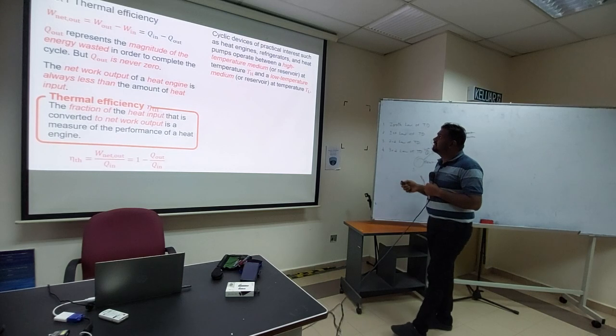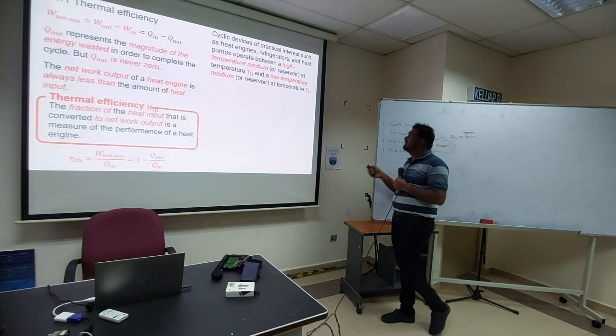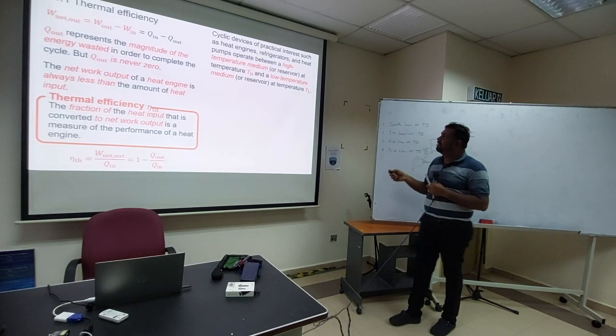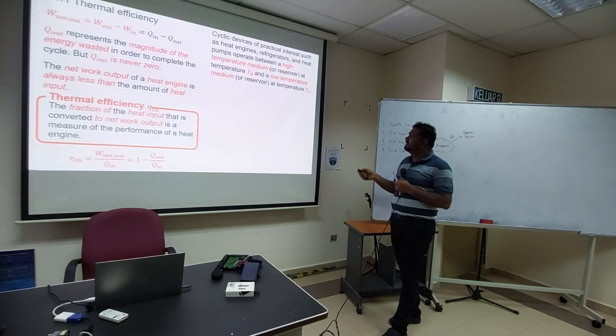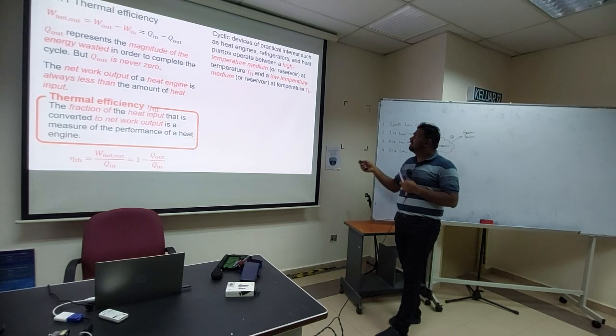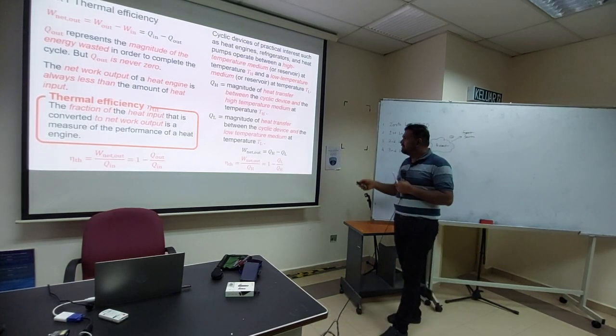Cyclic devices of practical interest, such as heat engines, refrigerators and heat pumps, operate between a high-temperature medium, a reservoir at temperature TH, the high temperature, and a low-temperature medium, TL. So you can see some explanation here, and this formula can also be converted to this.